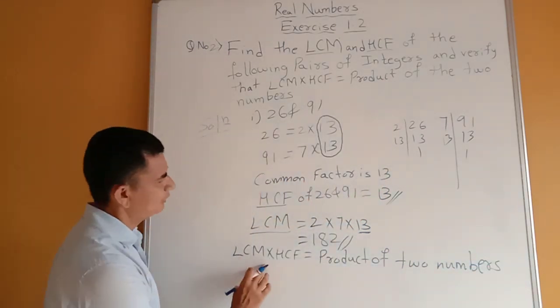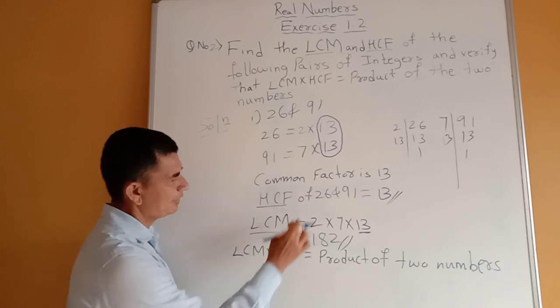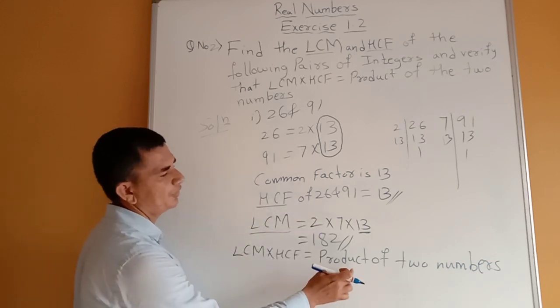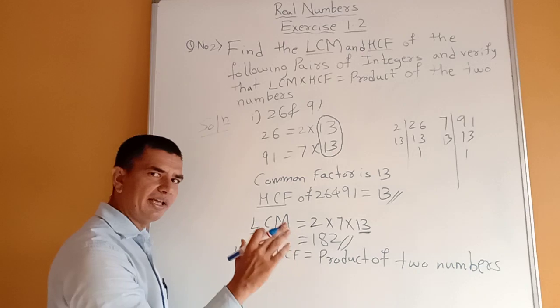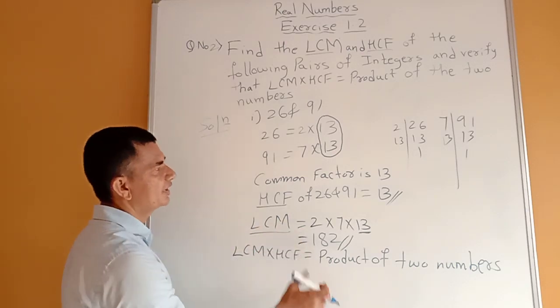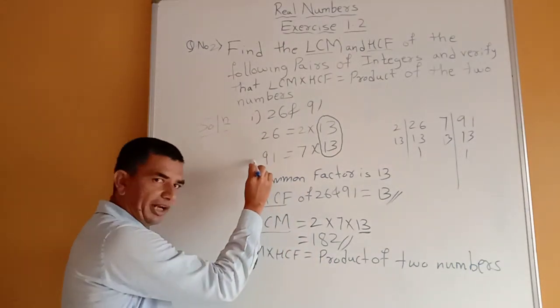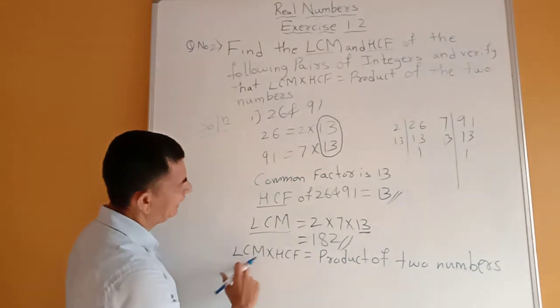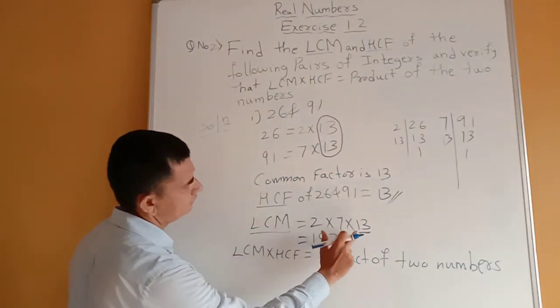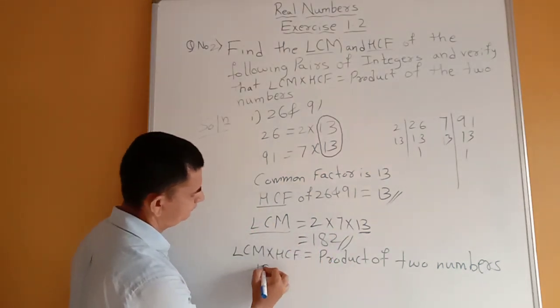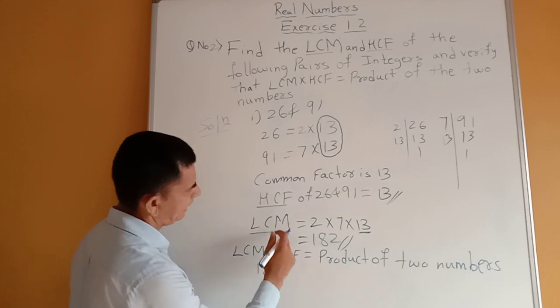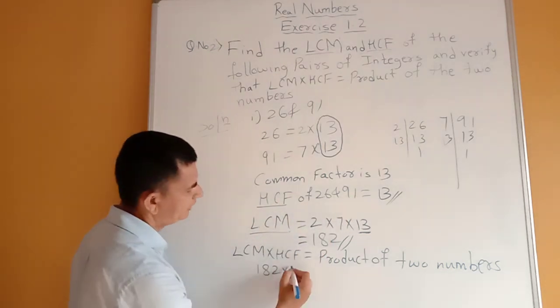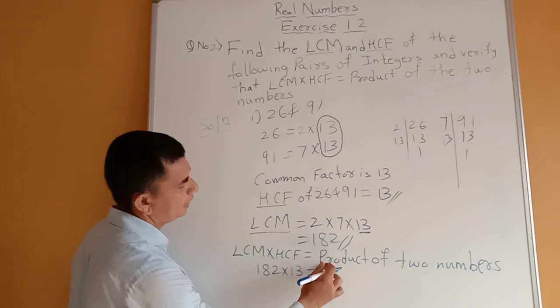Here, LCM we have the answer. HCF also we have the answer. Product of two numbers means, as I told you in the formula, A into B. Here we have to take 26 into 91. LCM how much? 182. And HCF is 13. This is equal to the product of two numbers.